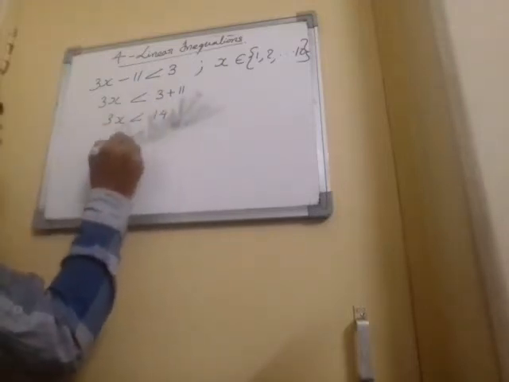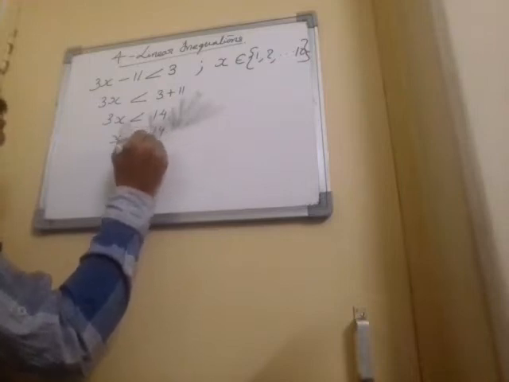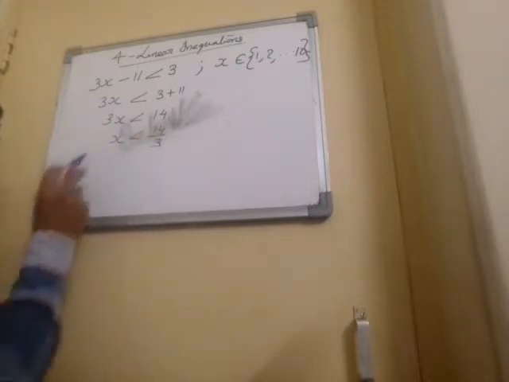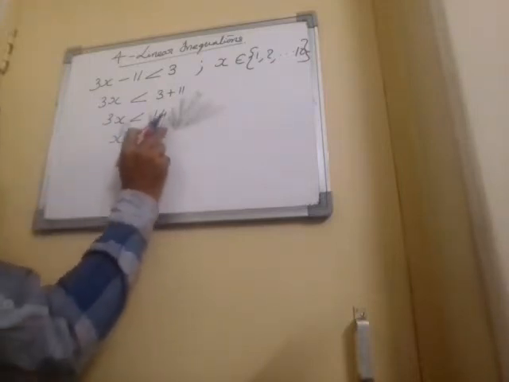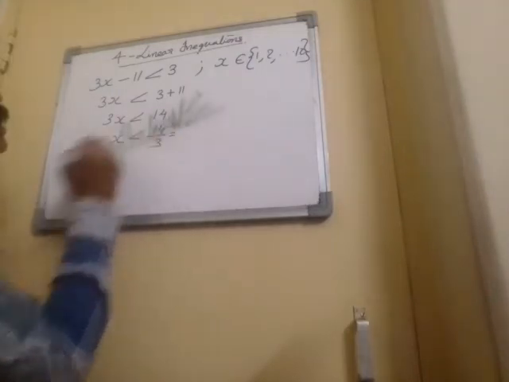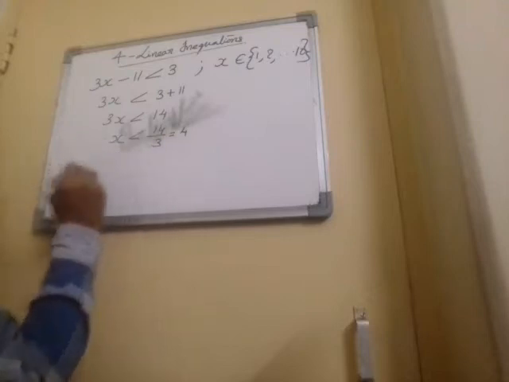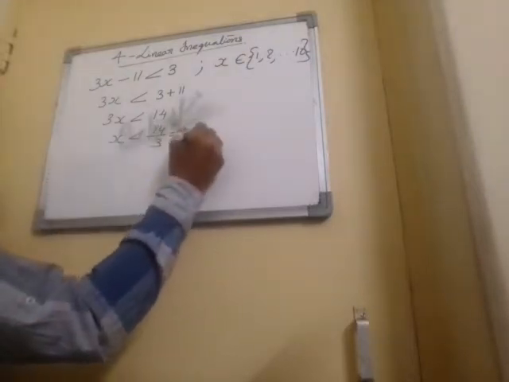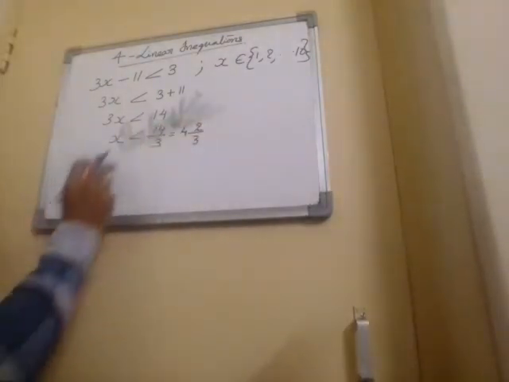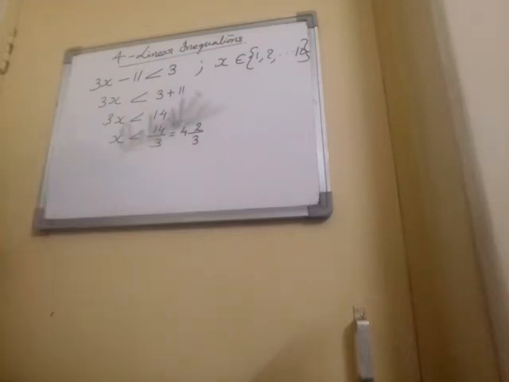So x less than 14 by 3. This 14 by 3 means 4, since 4 3s are 12, and 2 by 3. So x should be less than 4 2 by 3.